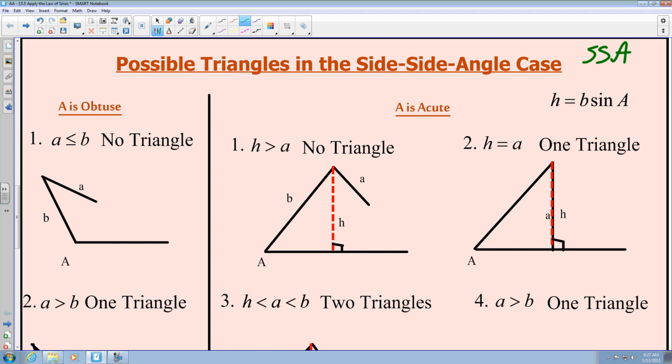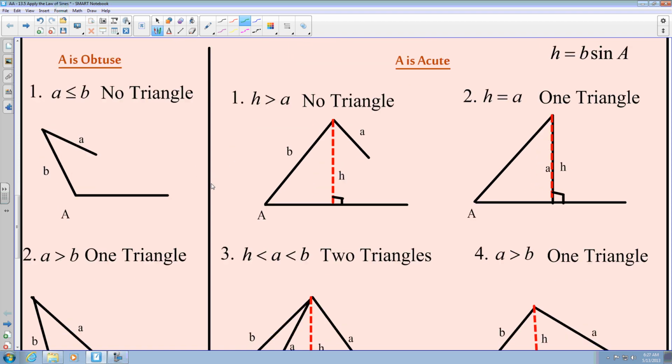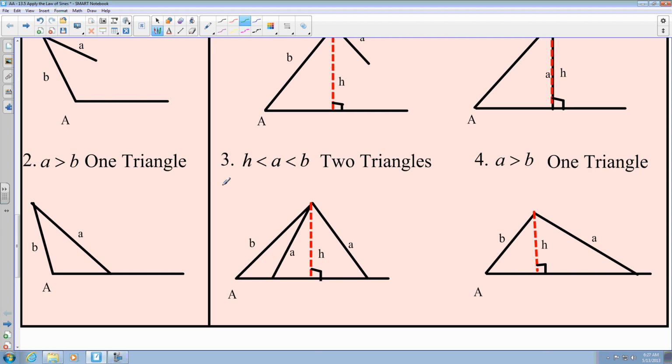It can either have one triangle, two triangles, or no triangles. And what we're saying is that if it's no triangles, it means one of your sides doesn't close in. And if you have two triangles, that means that the distance for a can either go to the left of H or to the right of H, depending on what the given values are for each particular triangle.